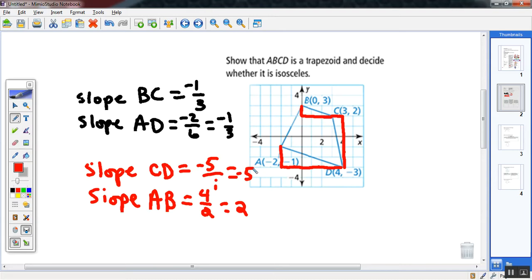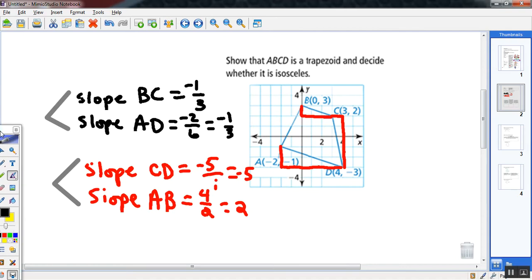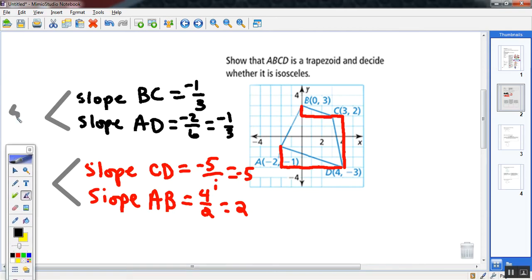Quick question. Take a look at these first two slopes right here, and these two slopes. What's true about the first pair of slopes? Same. What's true about this slope? They're different. How many pairs of parallel sides do you have?